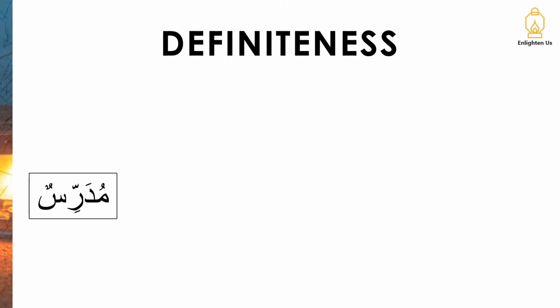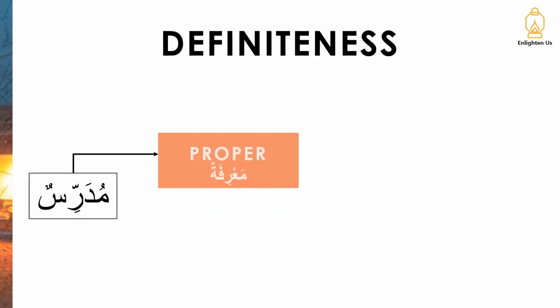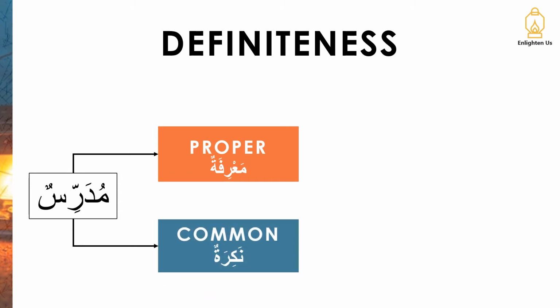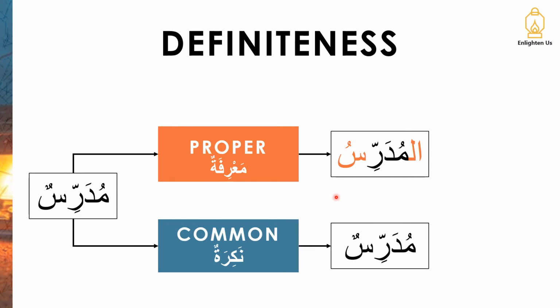And let's have a look at definiteness. Now of course our options are ma'rifa, proper, or nakira, common. Al-mudarrisu. Note here, al is one way of making an ism proper. Mudarrisun, our option for nakira.